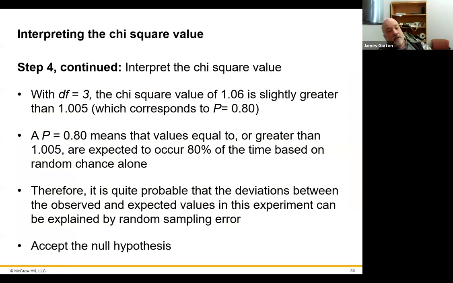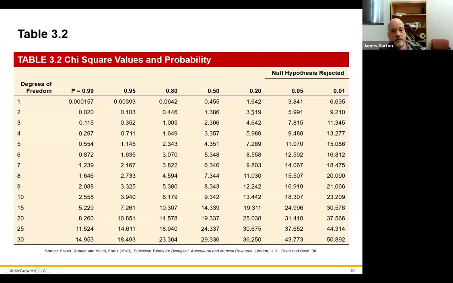And so, with 3 degrees of freedom, and you calculate the chi-square value of 1.06, it is well below that level.